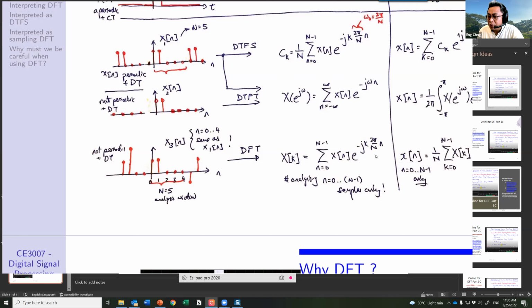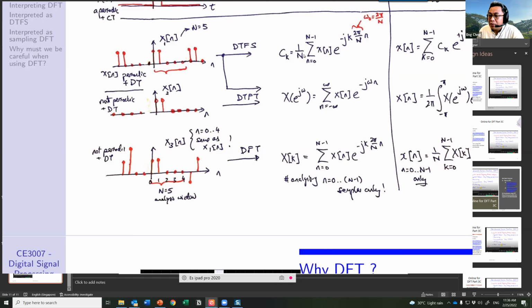This equation is the same as this equation, n equals 0 to n minus 1, the input signal and this. So in fact, the DFT and the DTFS is exactly the same except with this 1 over n. 1 over n will normalize this value. Okay, so therefore DFT and DTFS are identical except the difference of 1 over n.